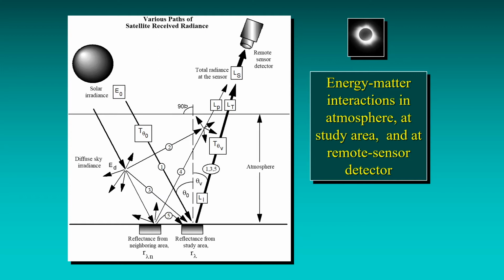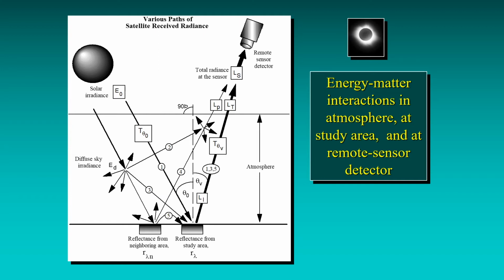Some of that energy will be relatively unattenuated by the atmosphere, making its way down to the Earth's surface to our study area. Some of that will be contributing to diffuse sky irradiance due to various processes within the atmosphere. Some portion of that will make it down to our area of interest. Some portion of that will make its way down to neighboring areas that may not be of interest at a given moment.